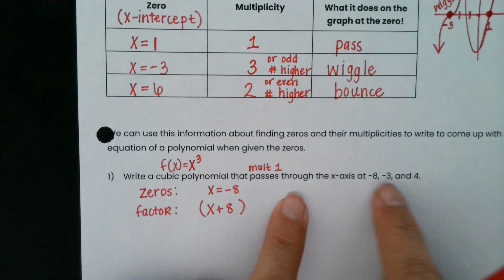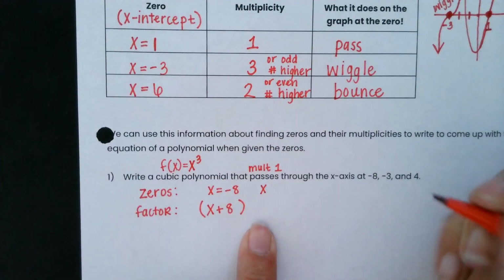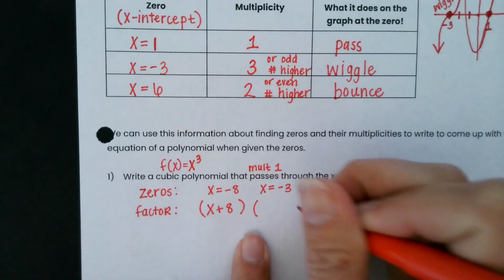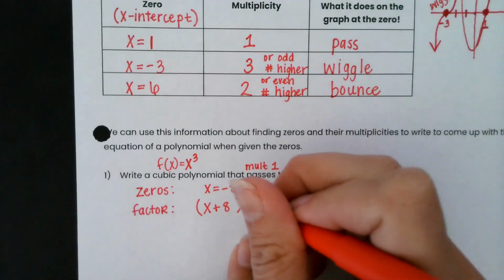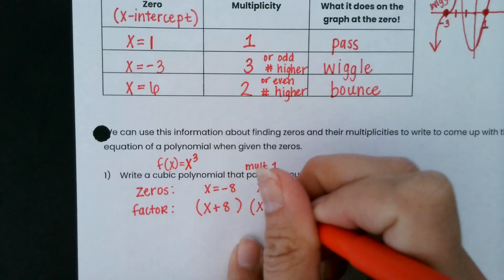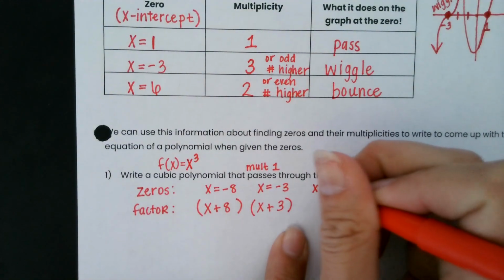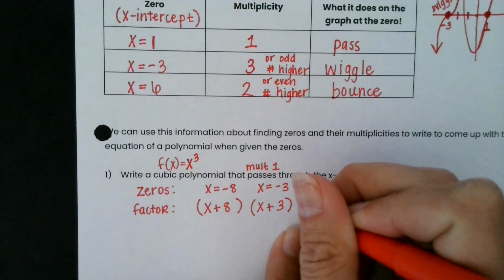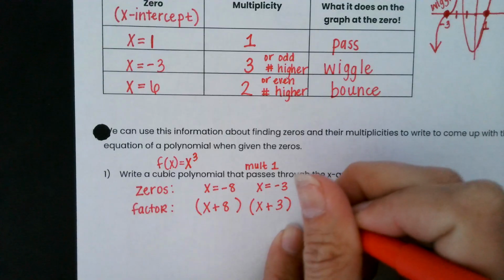Now, our next 0 was x equals -3, sorry. So we need the factor that x equals -3 came from, which would be x plus 3. And then last but not least, we had a third 0 that was x equals +4, and that came from a factor that would be x minus 4.